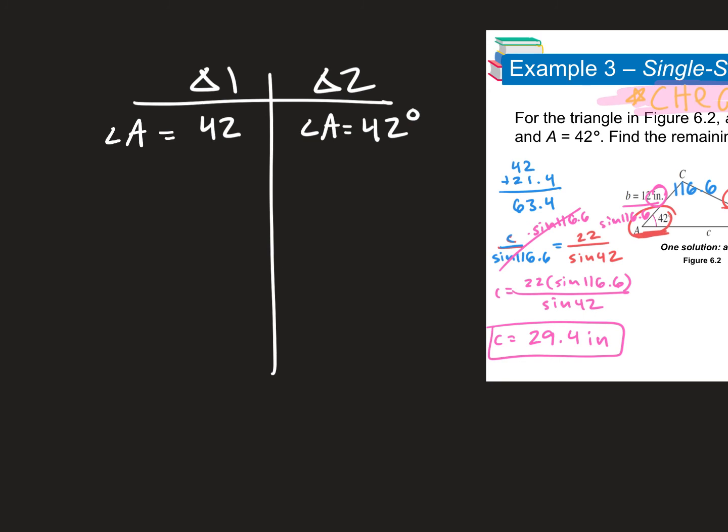And then the next thing on our list is the first angle that we found. So what was the first angle that I found? B. I found B first. I found B and then just subtracted that to find C. So B was what I found first. So B was what? 21.4 degrees.